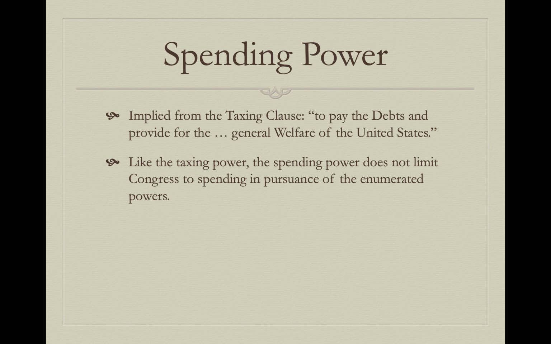So it's not as though Congress can only spend money in order to fund the armies or the post office. Congress can spend money for any purpose so long as, and this is where this language of general welfare comes from, Congress can assert that the spending is in furtherance of the general welfare of the United States.